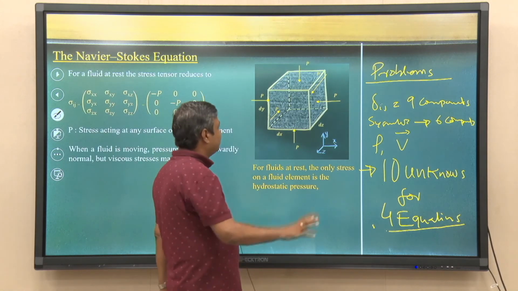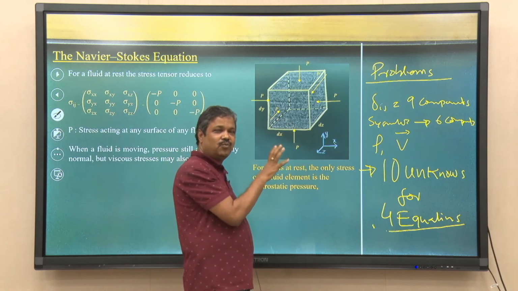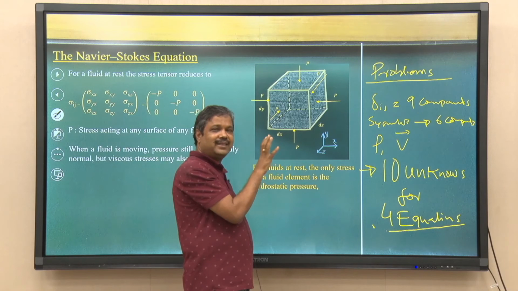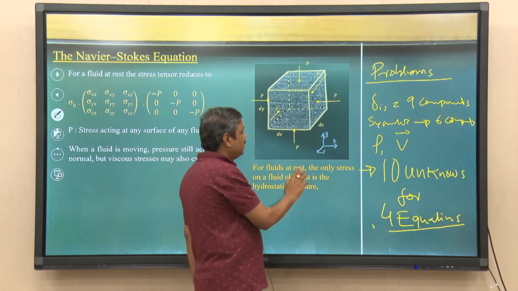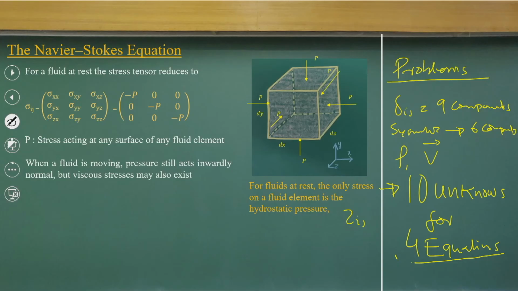If you assume the fluid is at rest, there will be no shear stress, as you know. So the shear stress components become 0. Only through Pascal's law will I have pressure, an equal amount of pressure acting in all directions. That is what I get when I have a fluid at rest.